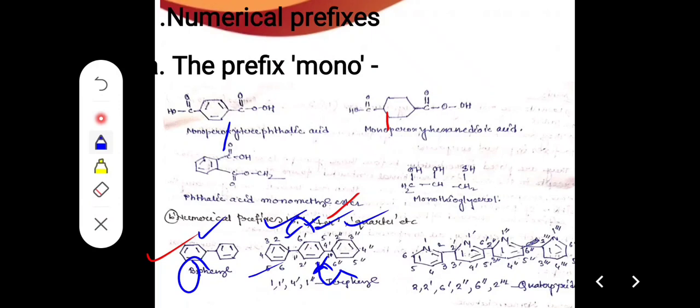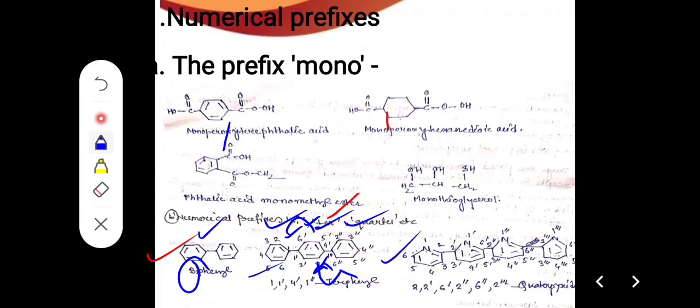In one benzene ring, the 1 position is attached with the other benzene ring at its 1 prime position. The second benzene ring is attached with the third benzene ring with a 4 prime, 1 double prime linkage. So overall we call it 1 prime, 4 prime, 1 double prime terphenyl, okay.